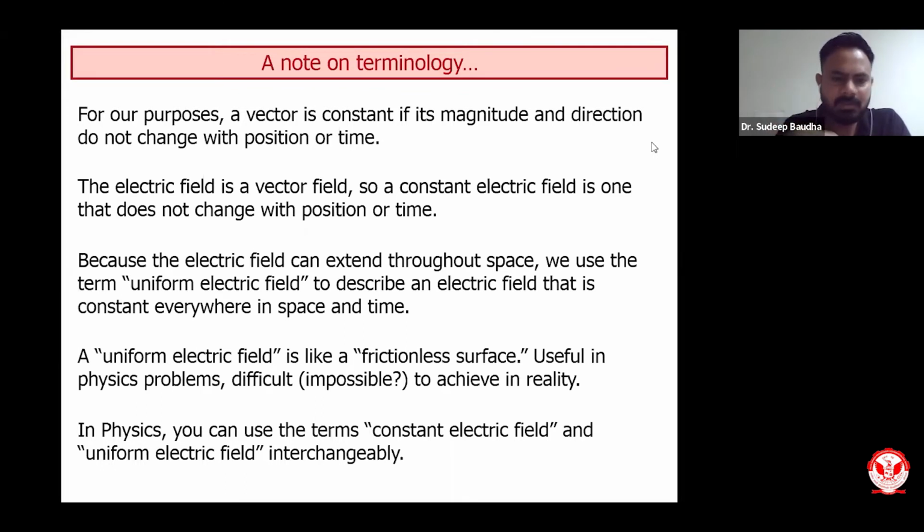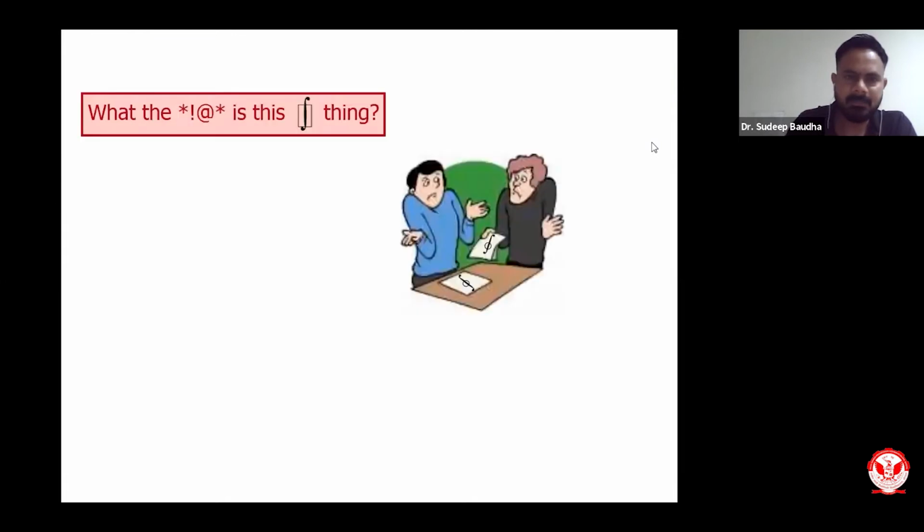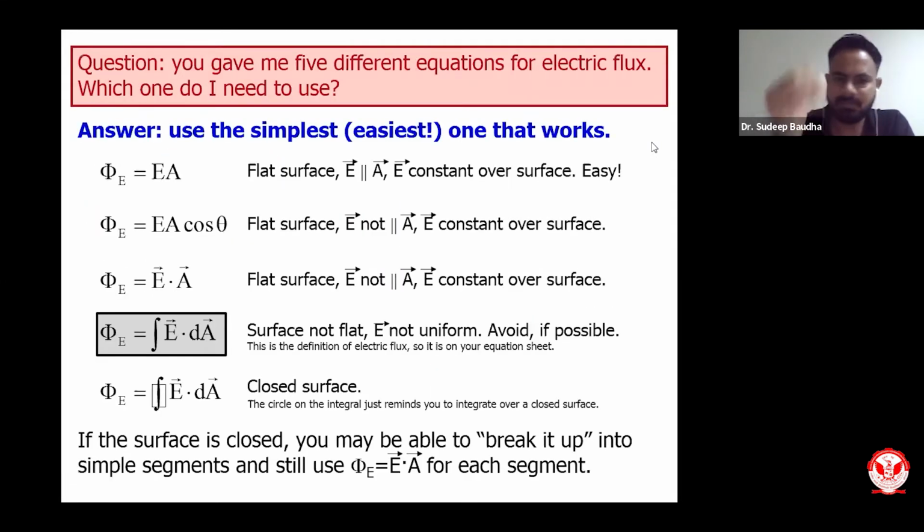We discussed 4 or 5 types of formulas and where to use them for finding electric flux at the surface of a particular geometry.